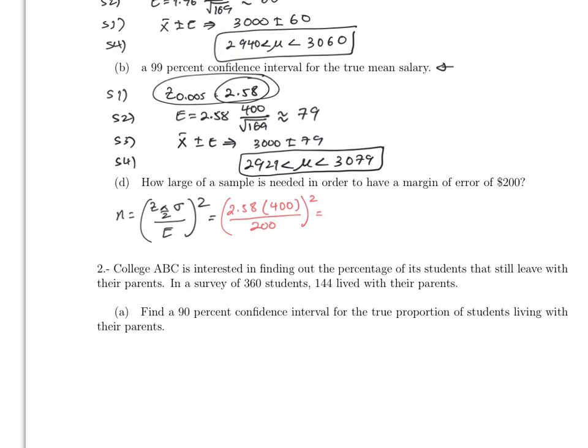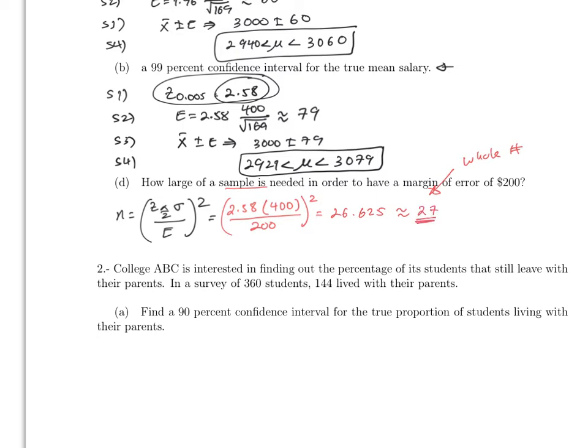So 26.62. Yeah. Now, since this has to be a whole number, why? Because it says how large of a sample; you can't have a sample of 26.6. So this one should always be a whole number, okay? Just remember that, because it's asking you for how large of a sample. So this will be 27.